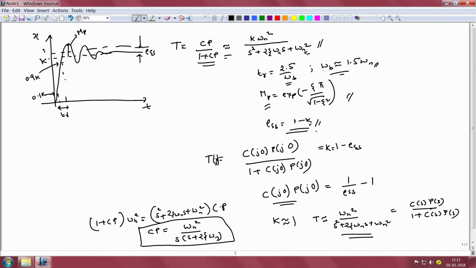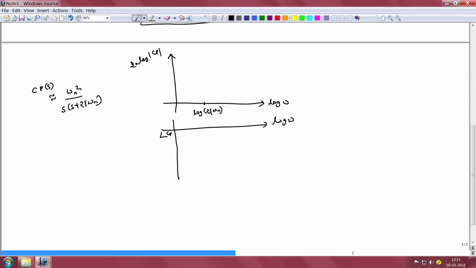Now, we can use this expression to sketch the approximate Bode plot for our open loop system and use that to determine the gain crossover frequency and the corresponding phase margin. So, to remind you from the previous slide, we have the open loop approximate transfer function.